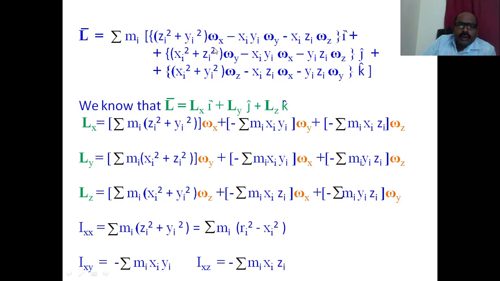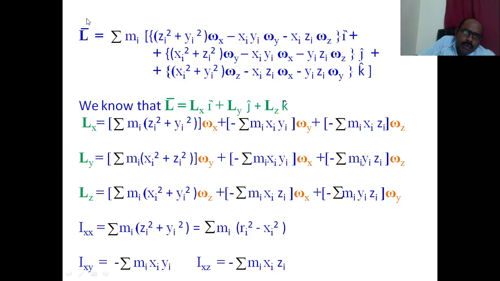The i terms are zi square plus yi square omega x minus xi yi omega y minus xi zi omega z into i cap, plus xi square plus zi square omega y minus xi yi omega x minus yi zi omega z into j cap. So similarly, the coefficient of k cap is also written here.